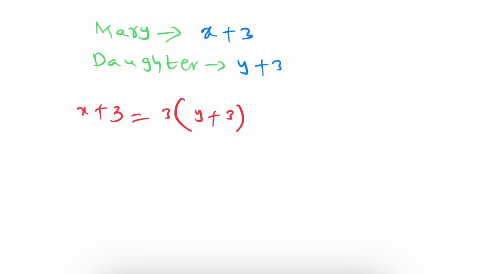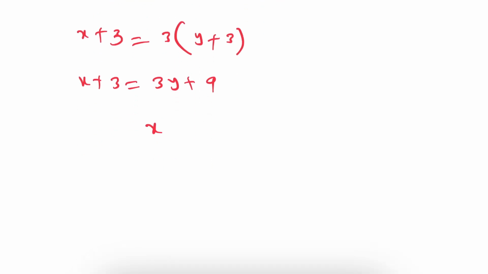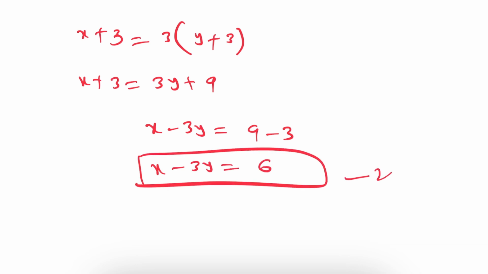Let us try to simplify this further. X plus 3 equals 3 into Y plus 3, 3 threes are 9. Here X as it is, I am taking 3Y to the left side, so plus 3Y becomes minus 3Y. 9 as it is, plus 3 I am taking to the right side, it becomes minus 3. X minus 3Y equals 9 minus 3 is 6, and this is equation number 2.